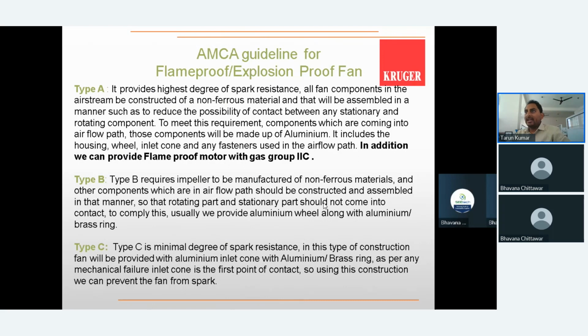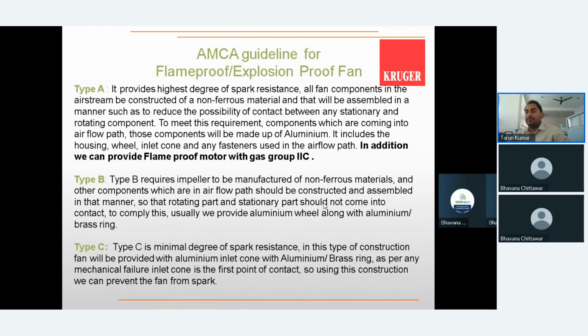AMCA has given three guidelines: AMCA A, AMCA B, and AMCA C. AMCA A is the most hazardous kind of construction, where the complete fan has to be made up of non-ferrous material, and your motor has to be out of the airflow path. It can be made completely of aluminum, or a complete SS fan.